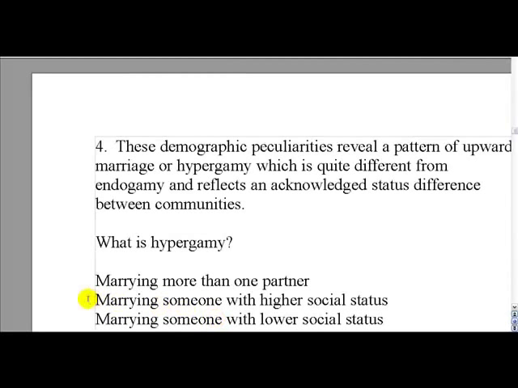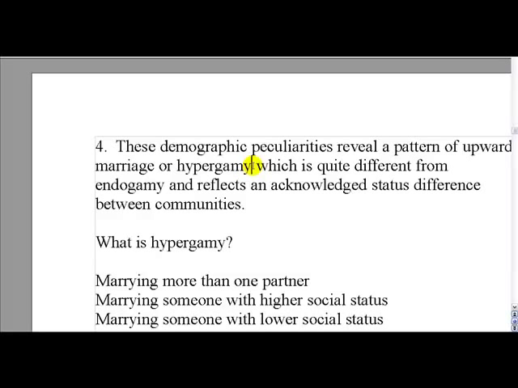Our question here is hypergamy. What does hypergamy mean? It says, these demographic peculiarities reveal a pattern of upward marriage, or hypergamy. In this case, you have the upward marriage, which is something that we already know, but then it gives you the more complicated, what I call the vocabulary term you don't know, which is hypergamy.